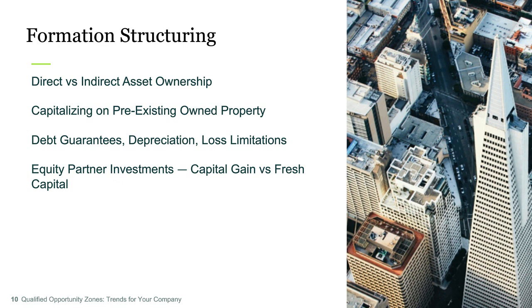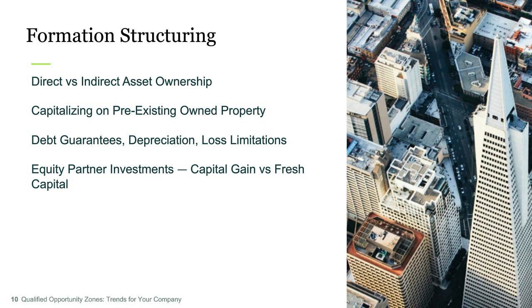Capitalizing on pre-existing owned property. As we mentioned, a lot of folks already own property in the zone, and the difficult thing is how the program works: you can't just own property in the zone and obtain all of the favorable tax benefits on it. What the government's trying to do is really spur economic activity in these census tracts.